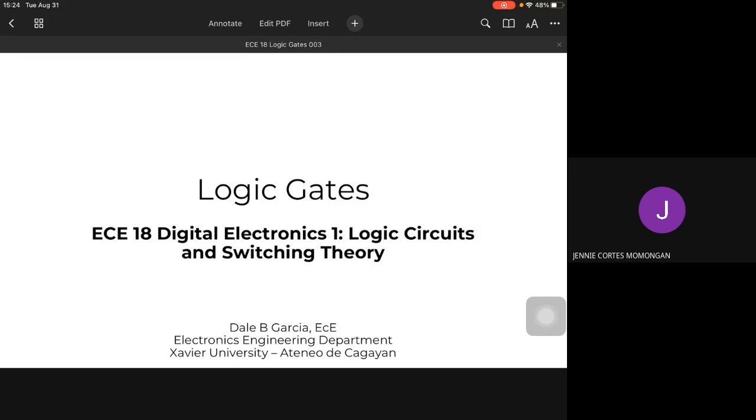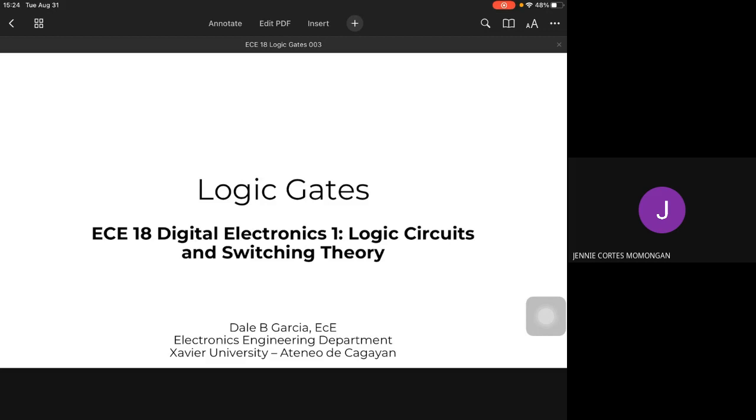I think some of you may already be exposed to what logic gates are, their purposes, the notations used when drawing logic gates. But for most of us who are not yet exposed, it's okay.